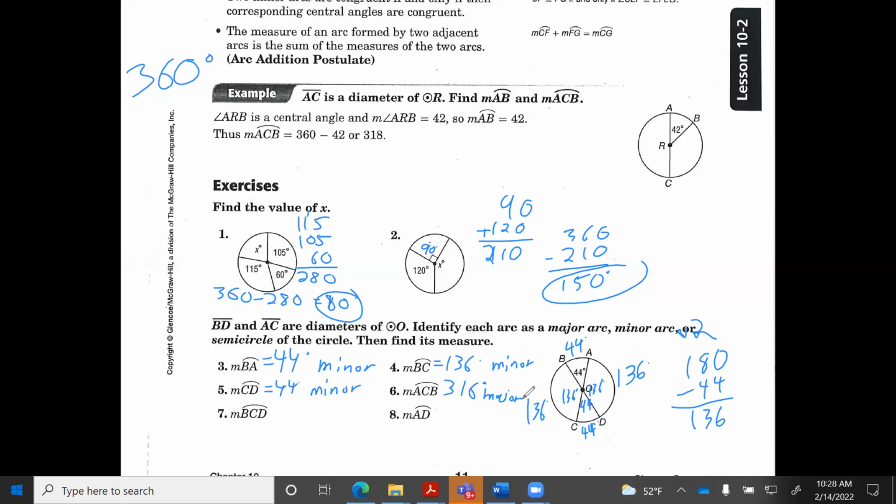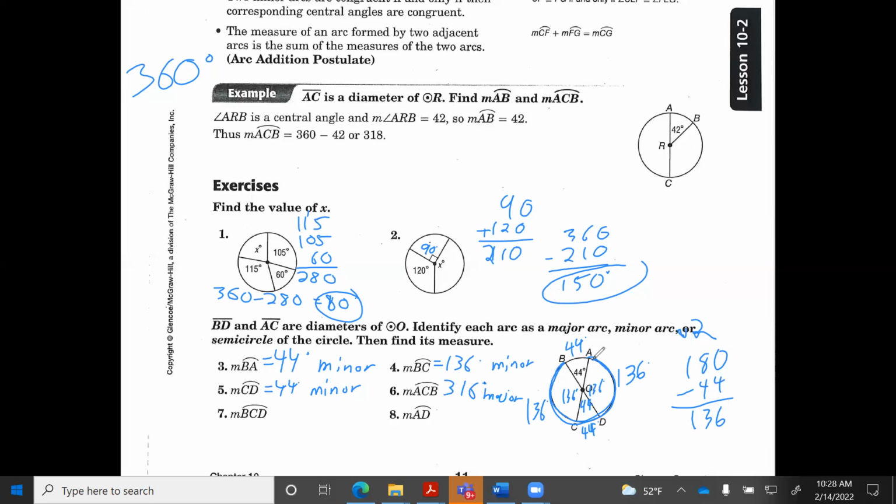Yeah, I was going all around this way, from A through C and around to B. So that's this whole arc here. So the easiest way to find that one would be 360 minus 44. Again, we could have also added all 3 of those up. They both give us the same answer.